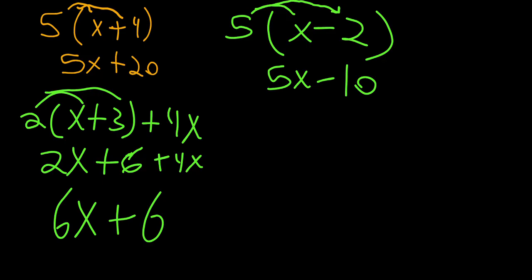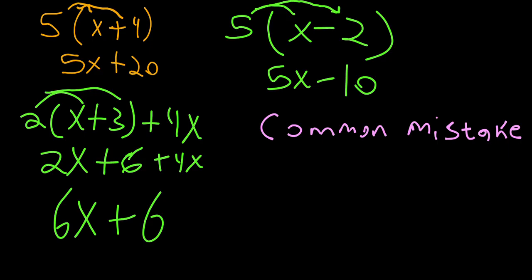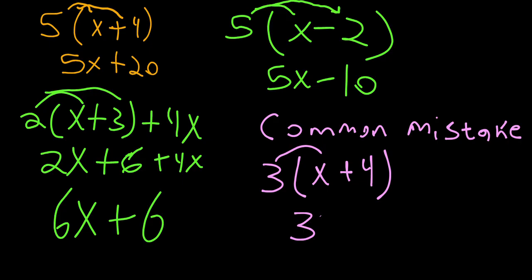Okay, before we move on to some practice problems, I want to talk about the most common mistake. One that I even occasionally make myself today, and made many times when I was learning this. Common mistake. A student will see 3 times x plus 4, and they'll distribute to the x to get 3x, and then they'll forget all about the 4.